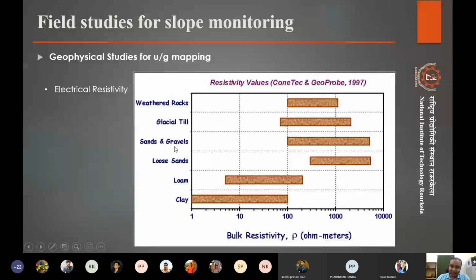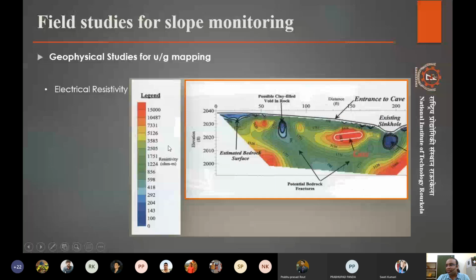But again, this method has some drawbacks. In terms of resistivity change, there are many other factors that also affect it. For example, what kind of saturation is there in that material, right? And whether there is any cave or any sort of discontinuity, right?